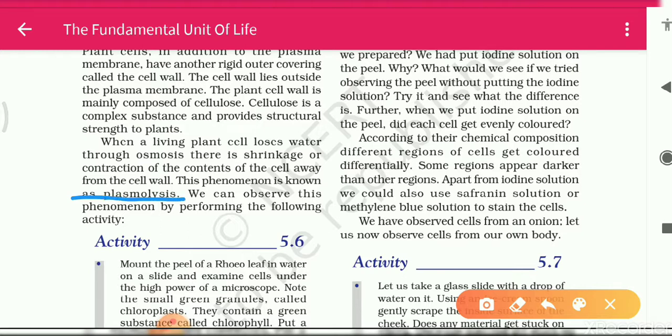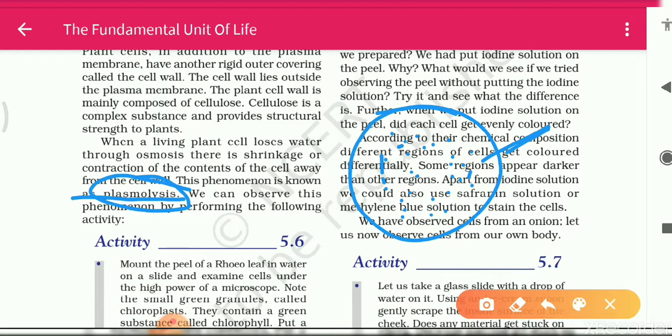This definition is very important. What is plasmolysis? Students, see here, this is a living plant cell, and in this living plant cell, many contents are present. When water is lost from this living plant cell, that process is called plasmolysis.